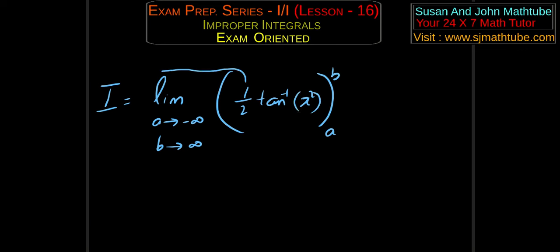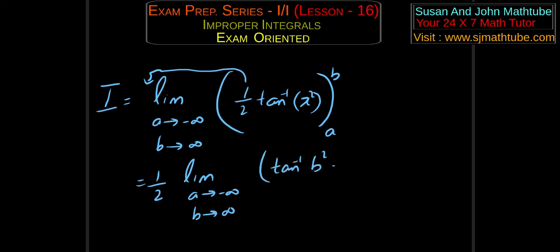Okay, I'm going to keep this 1 by 2 outside. So 1 by 2 limit a tends to minus infinity, b tends to infinity, tan inverse b square minus tan inverse a square. Okay, so now we are going to plug in the value of a and b, so they will get squared.